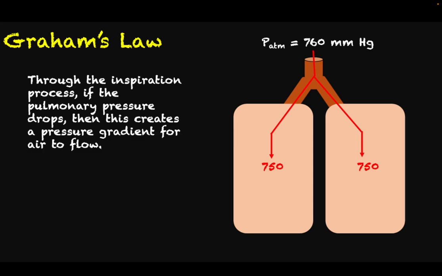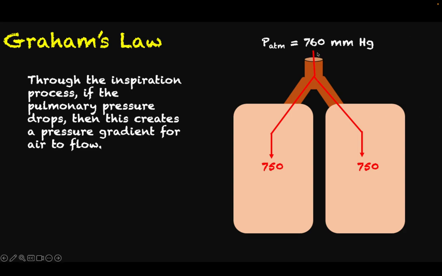But through the inspiration process that we saw before, expanding the volume of the lungs decreases the pulmonary pressure inside the lungs. So if we decrease the pulmonary pressure, this will create a pressure gradient and a pathway for air to flow. So when you take a big deep breath in, you are expanding the volume of the lungs and dropping that pulmonary pressure.